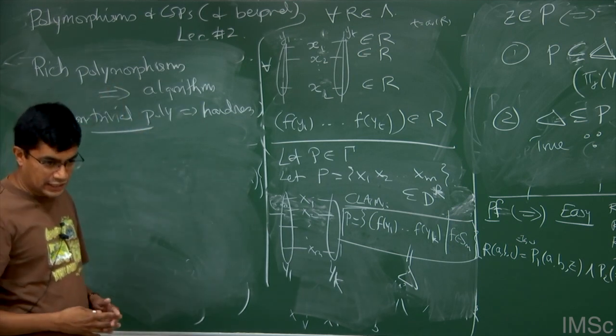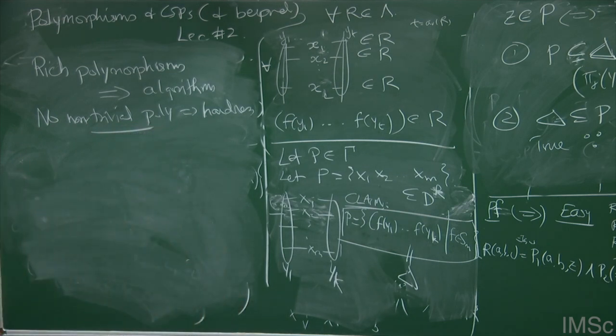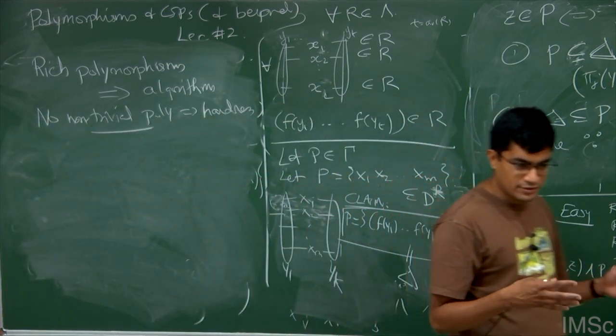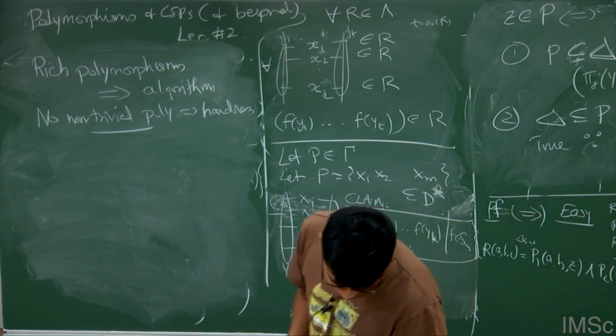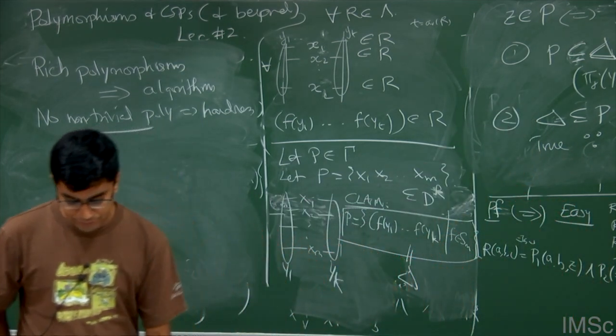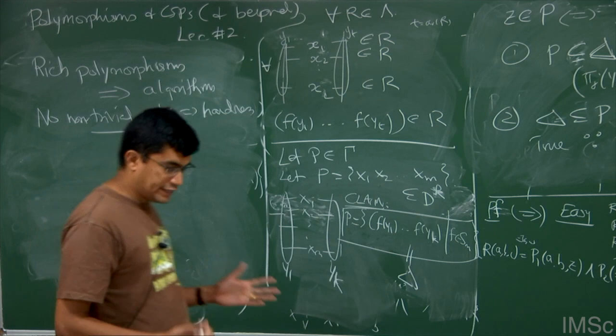So the algorithmic part is a difficult thing, but I will do some very simple teaser cases where I'll assume some amazingly nice polymorphisms, and then I'll give you algorithms. Really in some sense these will all be inspired by what we already saw: for Horn SAT, AND of anything was a polymorphism. For 2-SAT, majority of anything is a polymorphism.